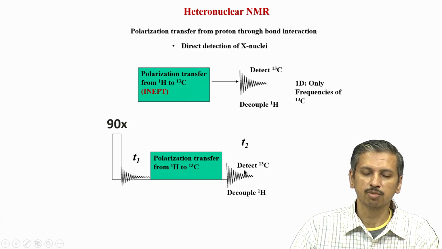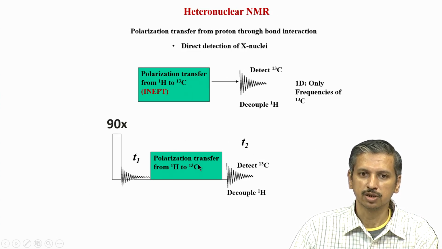So, this 2D NMR experiment tells me the correlation between the proton chemical shift and its partner carbon chemical shift. This polarization transfer goes only to the nearest carbon, which is the directly attached carbon. If you want to transfer it to a further carbon, 2 bonds or 3 bonds away, there are also experiments which can be done, and those are among the standard experiments we do.